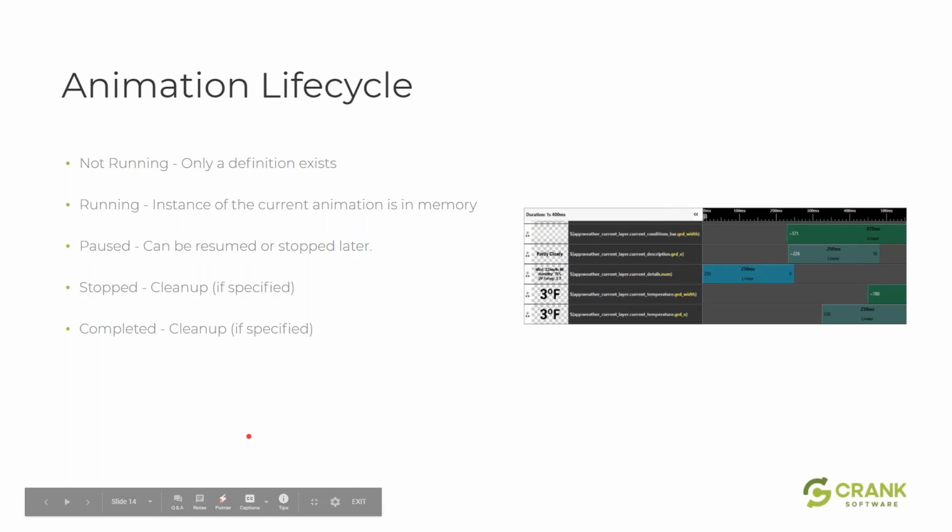An important thing about these stopped and completed states is that now we have the ability to change something. In the past, animations always performed a cleanup when they ran. This means the relative values become kind of forgotten, you could say.